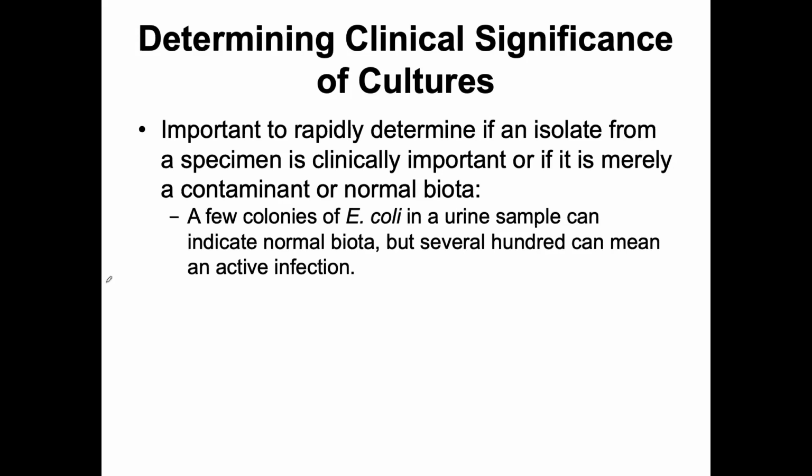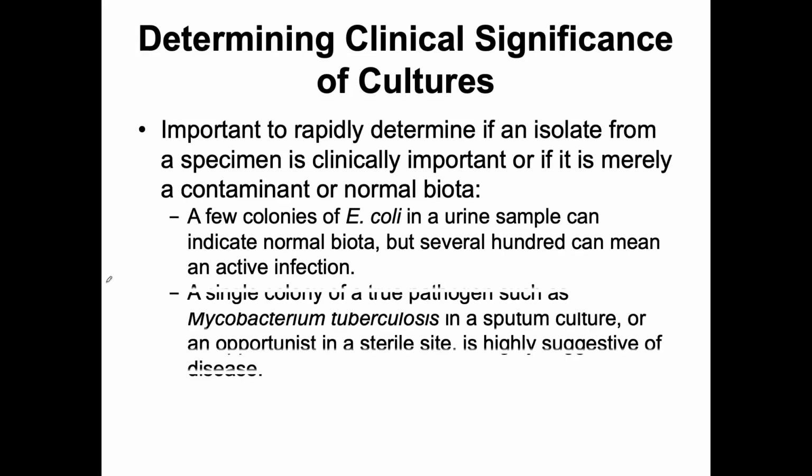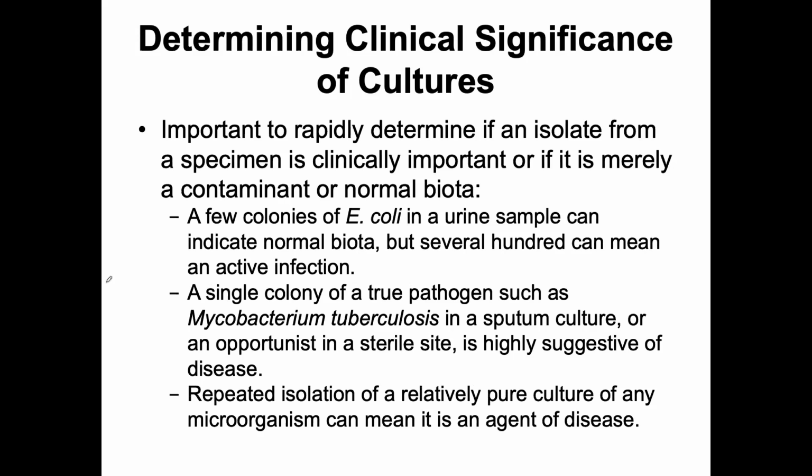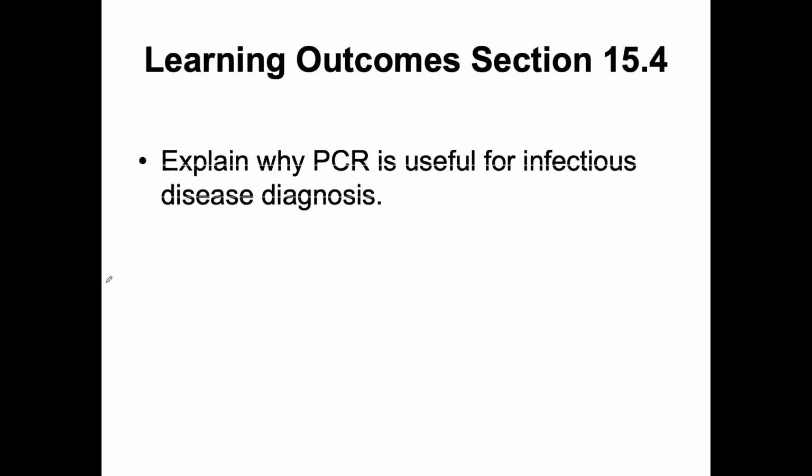Some colonies of E. coli in a urine sample can be normal, but several hundred means a UTI, okay? A single colony of a true pathogen, such as Mycobacterium tuberculosis, or an opportunist in a sterile site, is suggestive of disease, okay? Repeated isolation of a pure culture of microorganisms can mean that it is the candidate to cause the sickness, okay?